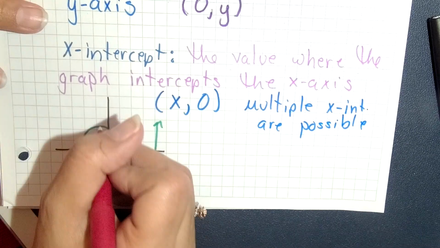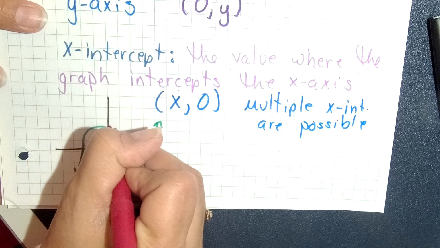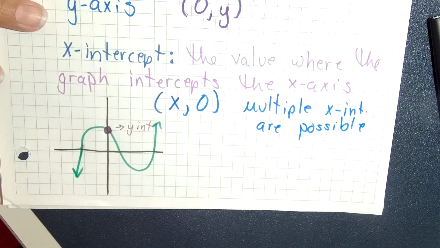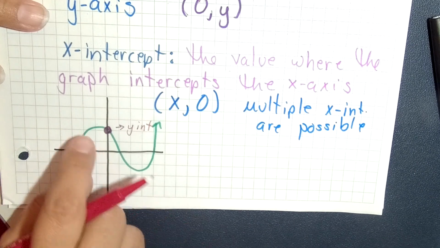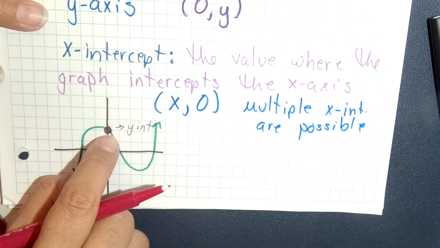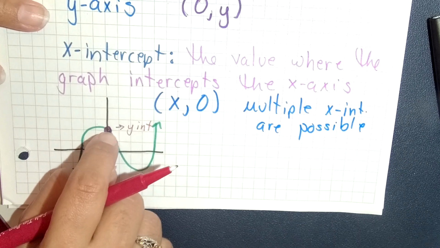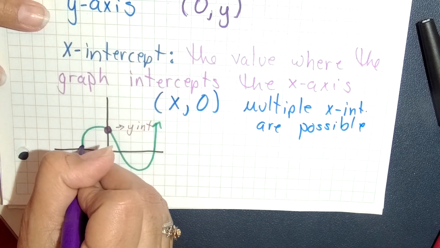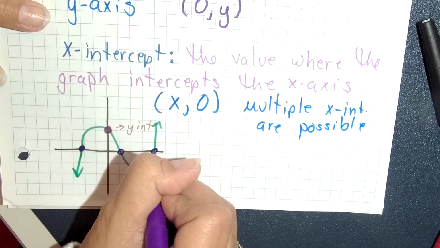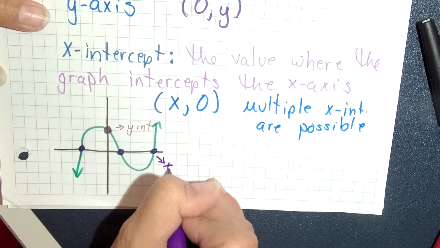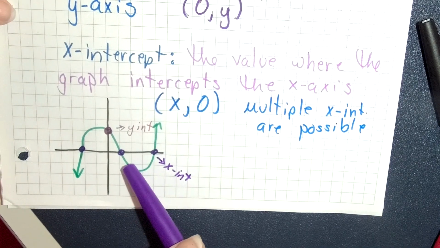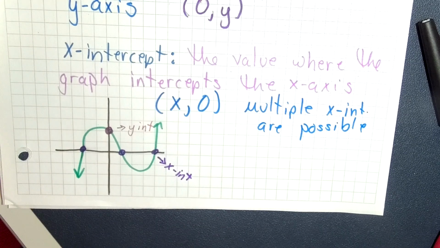This function has a y-intercept here. Why is this a y-intercept? Because it intercepts the y-axis. But here I have 1, 2, 3 x-intercepts, and that is okay. You can only ever have one y, but you can have multiple x.